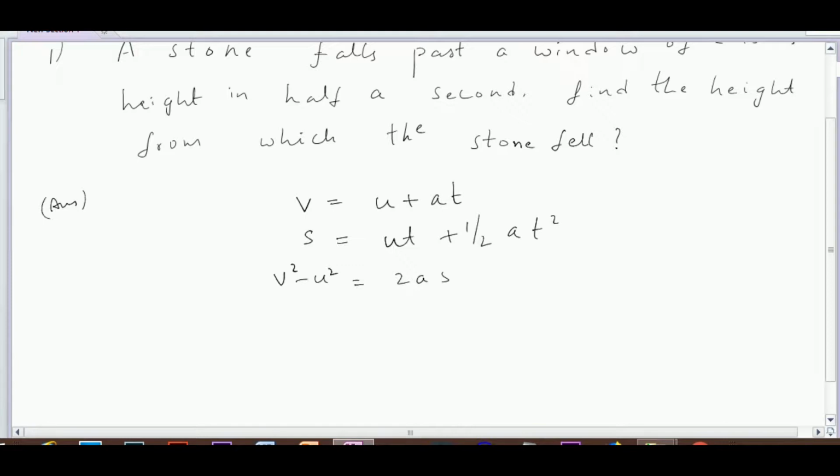If it is thrown upwards vertically, then we will take minus g. Here, as it is falling vertically downwards, we will take a is equal to plus g is equal to plus 9.81 meter per second square.